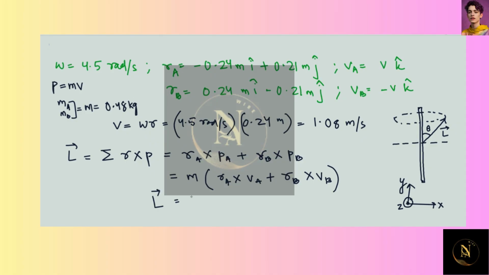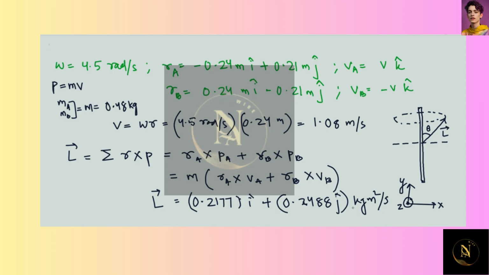So doing that, we get the full angular momentum vector to be equal to 0.2177 i cap plus 0.2488 j cap, and the unit is kg meter square per second.